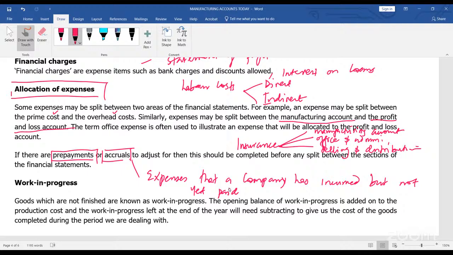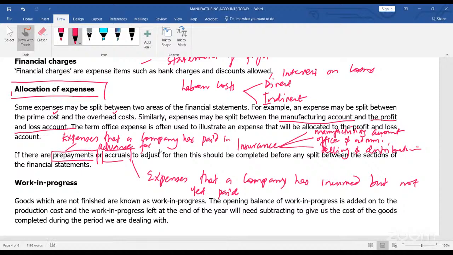Then prepaid expenses, these are expenses paid in advance. Expenses that the company has paid in advance for the goods or services that will be used in the future.